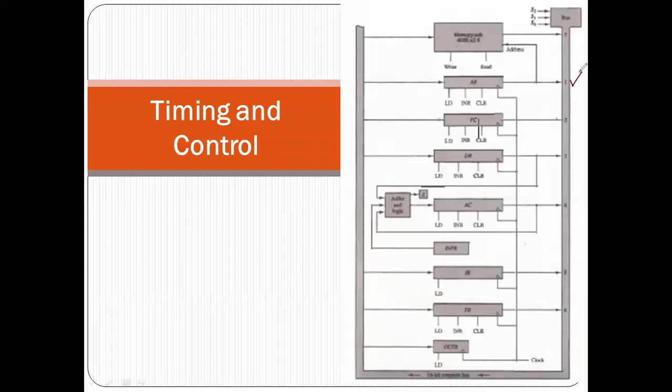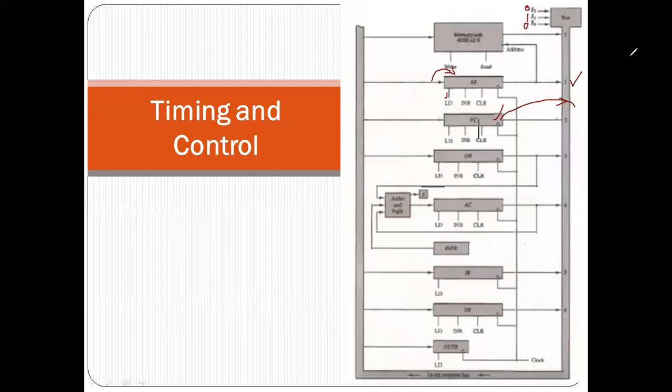Initially, I select the PC by using the select lines 0, 1, 0, so that PC places its 12-bit contents onto the common bus. After that, the load control signal of AR is activated, so that the 12-bit contents available on the common bus are loaded onto the address register.